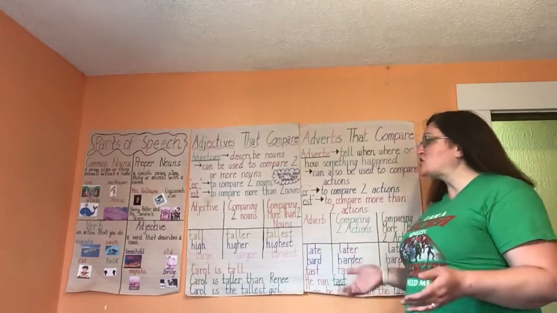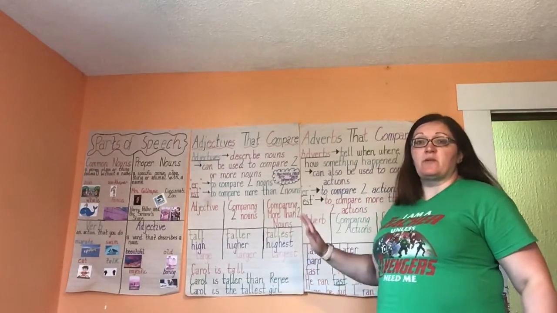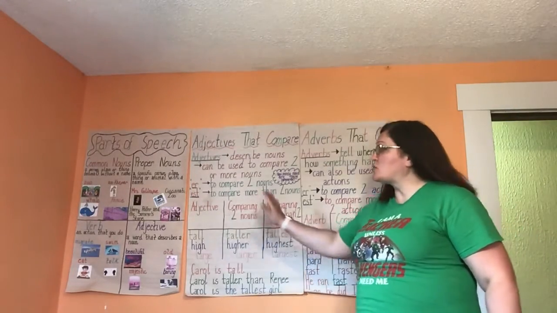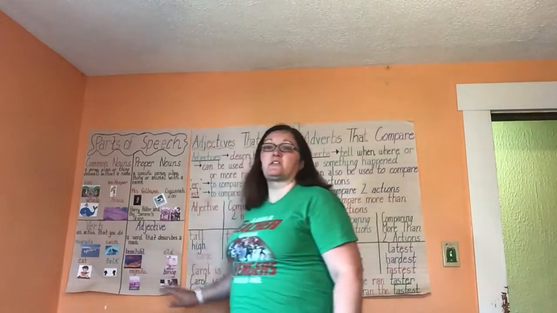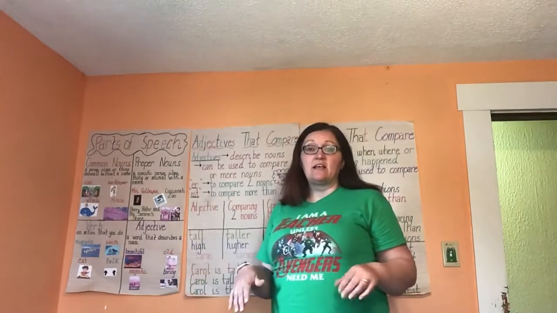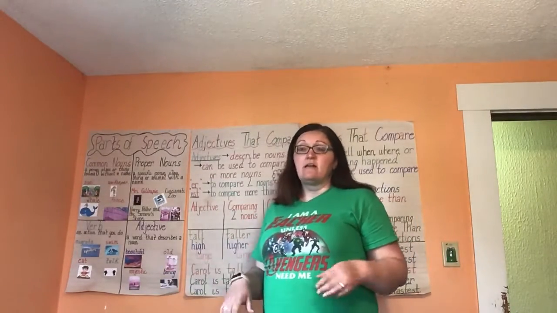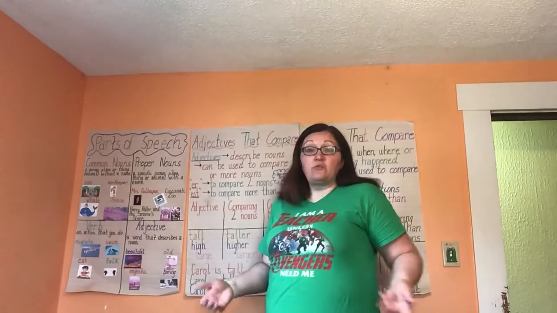Okay, so let me just review. Hopefully you can see in the video our posters that we've been going over. These first two are the ones we already went over. So just as a review, on Monday we talked about the parts of speech. We talked about how common nouns are just regular things like a person, place, or thing, or an animal like a dog or a cat, a person like a zookeeper.